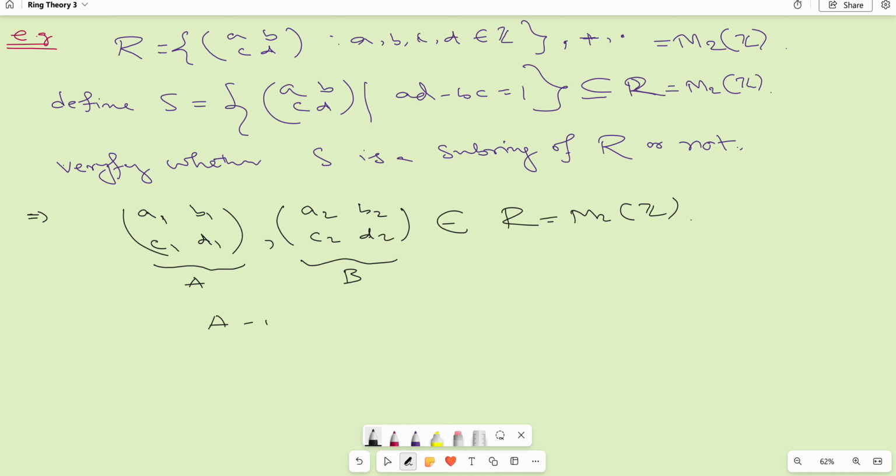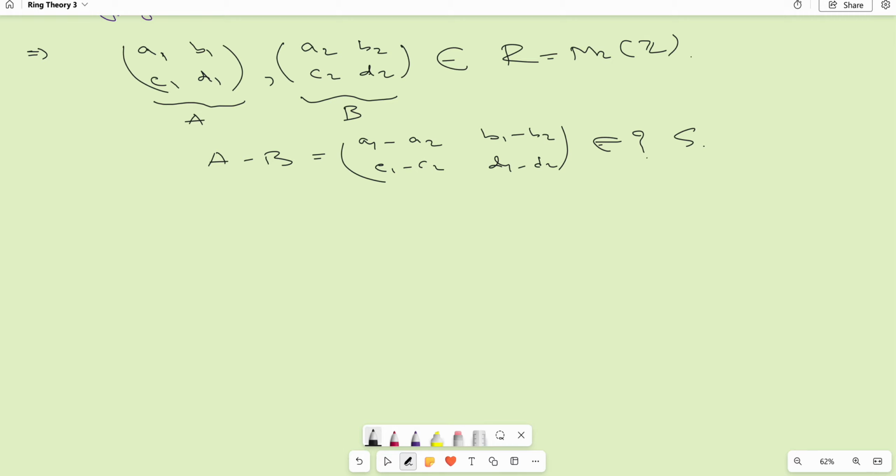So what is a minus b? It is a1 minus a2, b1 minus b2, c1 minus c2, d1 minus d2. Is it inside S? For this element to be inside S, you have to check whether the determinant is 1 or not.